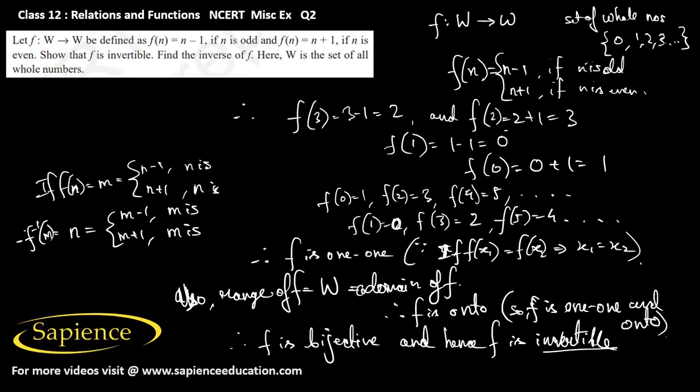So m equals n minus 1 if n is odd, and m equals n plus 1 if n is even. So therefore n will be equal to m minus 1 if m is even, and n equals m plus 1 if n is odd.